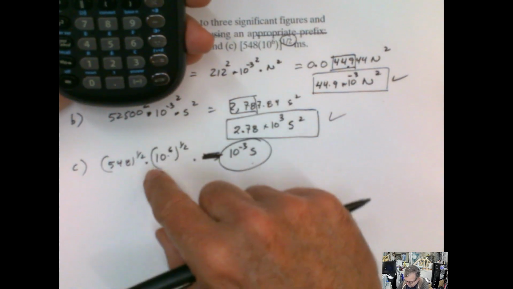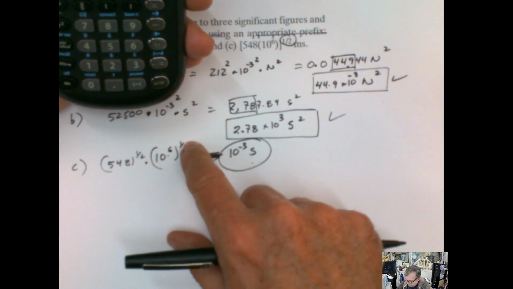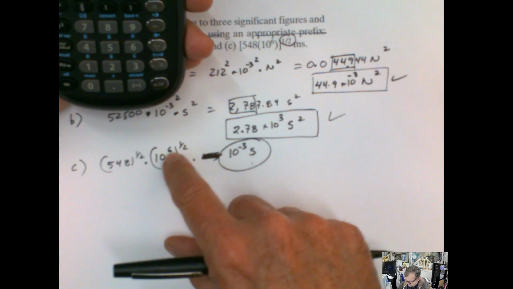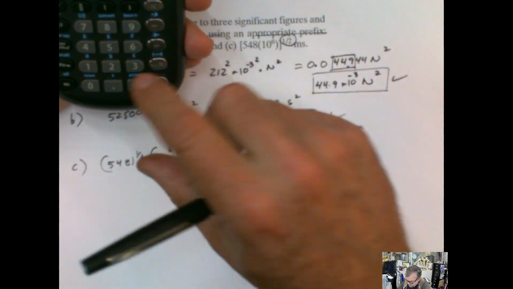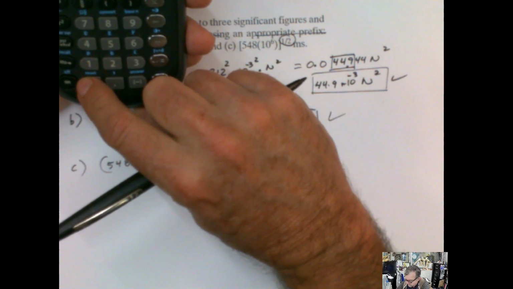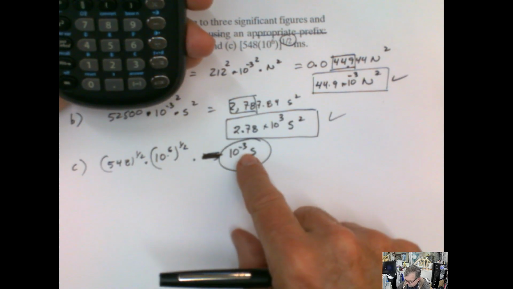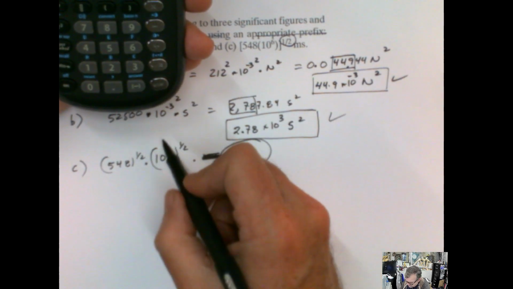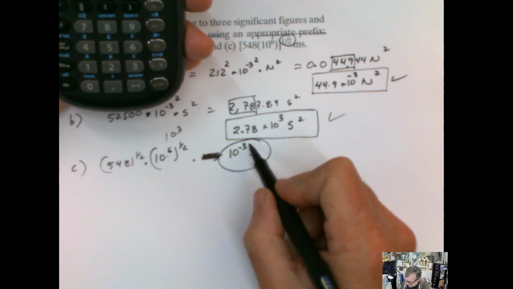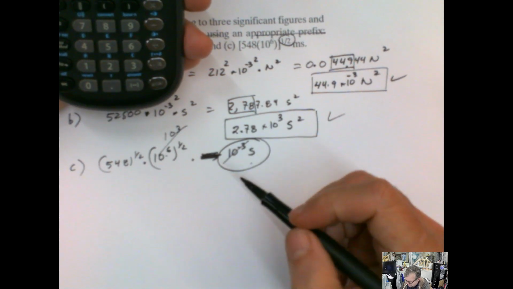Multiply by 10 to the 6 to the 1/2, which is 10 to the third, because 6 times 1/2 is 3. You can multiply by 1000 if you want to. And then you multiply by 10 to the negative 3. So this is 10 to the third, and this is 10 to the negative 3, and these two are going to cancel each other out.